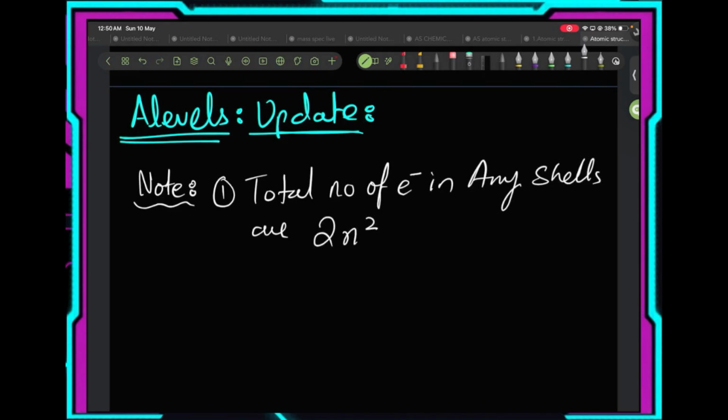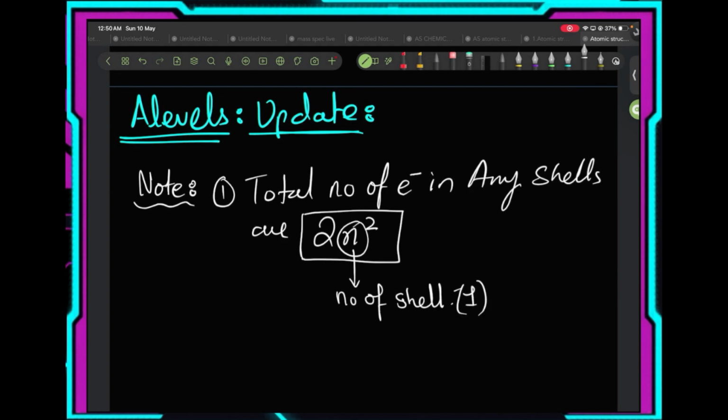You will use this formula now. This is the first update, where n is the number of the shell. If it's the first shell, you put n as 1. If it's the second shell, you put n as 2. If it's the third shell, you put n as 3, and then so on.